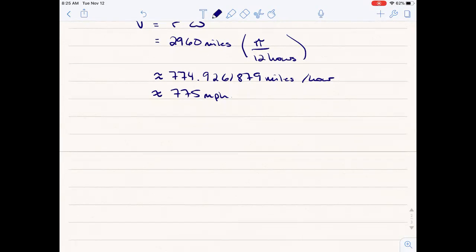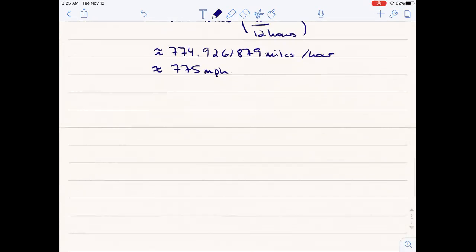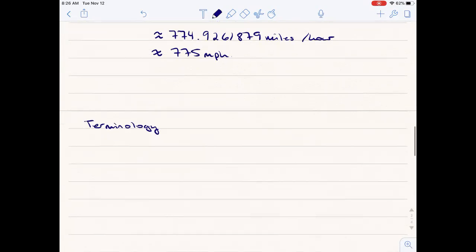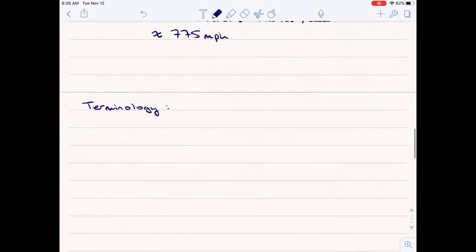All right, let's talk about a little bit of terminology here, just in case it comes up. It's not something that I'm going to test you on, but I'm going to assume that you know.